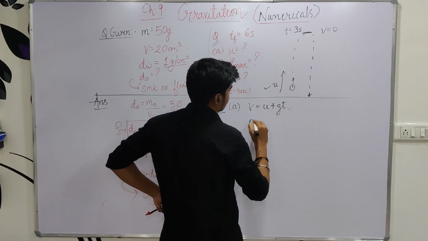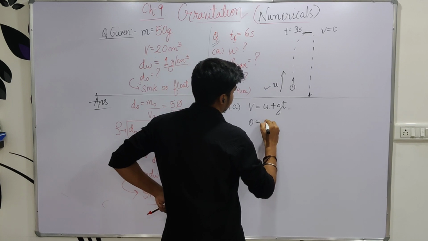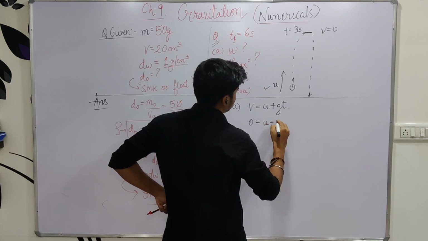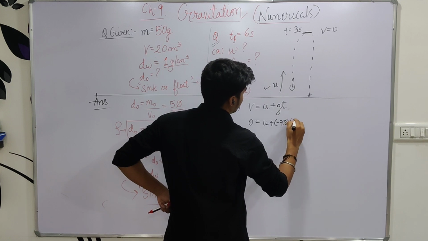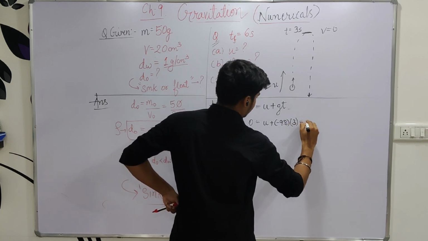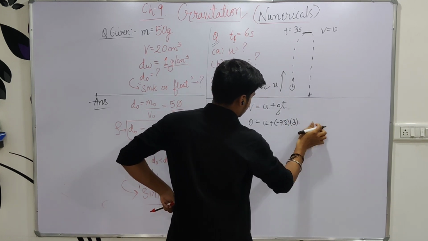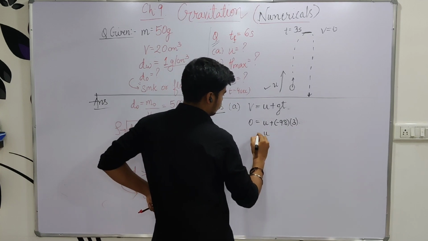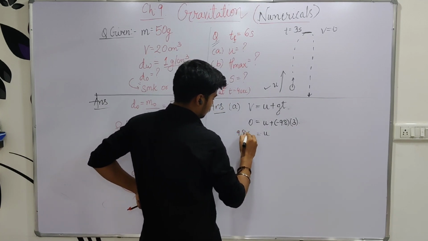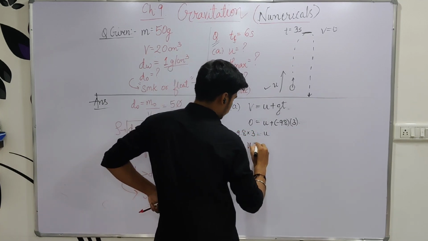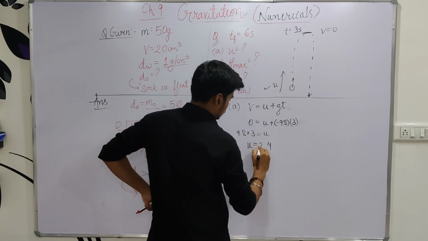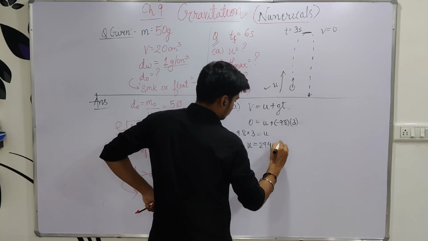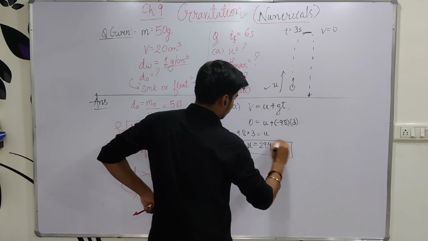V is 0, initial velocity u, plus g is minus 9.8, and time will be 3 seconds. I will get u is equal to 9.8 into 3. u will be 29.4 meter per second. That will be the value of the initial velocity.